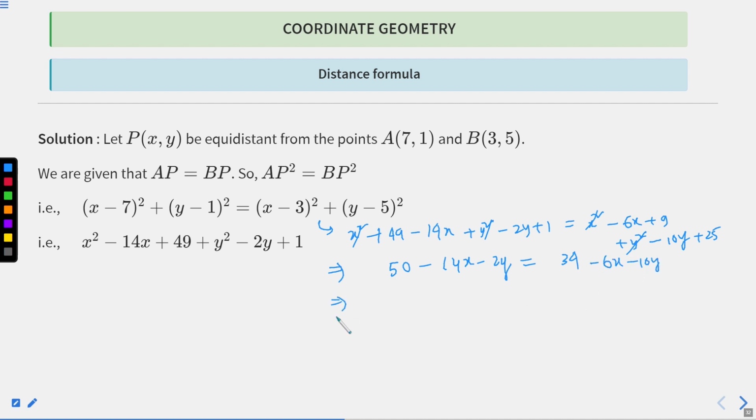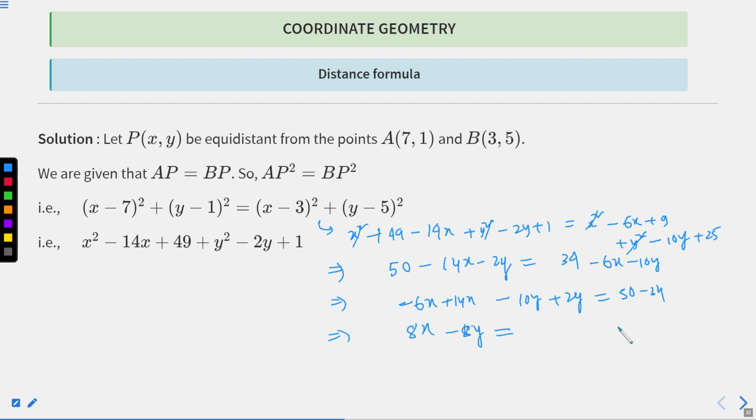Okay, and it implies minus 6x plus 14x minus 10y plus 2y. This is equal to 50 minus 34, and this implies 8x minus 8y.